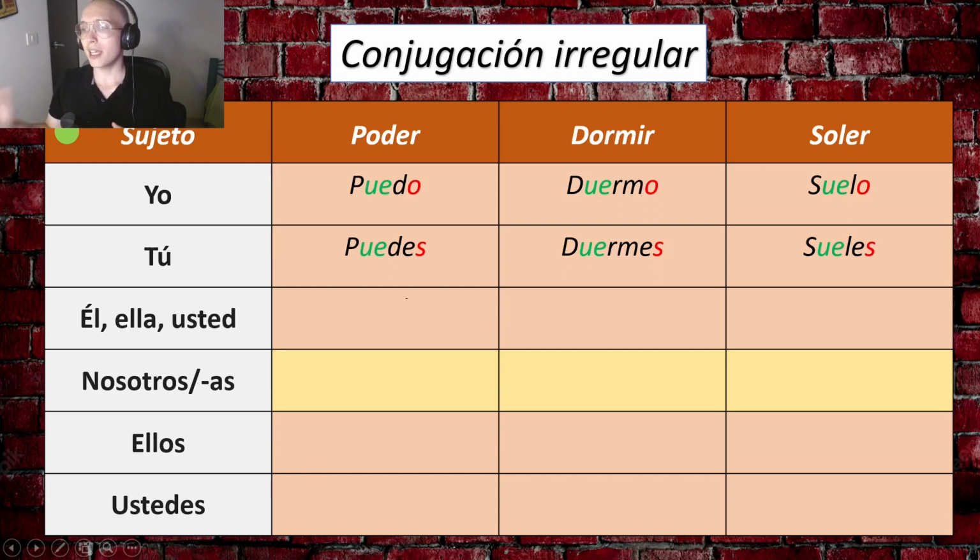For the subjects él, ella, and usted, we will just drop the S. So we say, él puede, ella duerme, or él suele. So he can, él puede, she sleeps, ella duerme, he usually does, él suele.